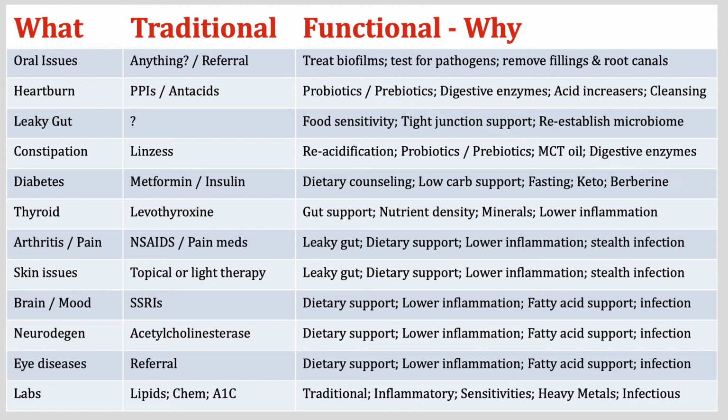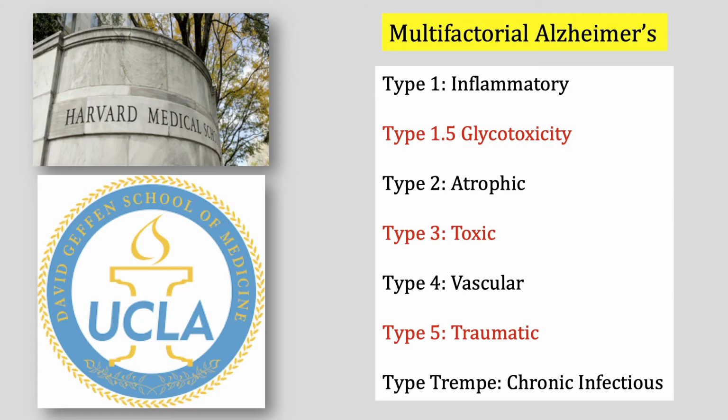It's not an acetylcholinesterase inhibitor deficiency. There's something underlying the pathophysiology of the loss of plasticity in the brain. So here's a UCLA and Harvard approach that's very functional.